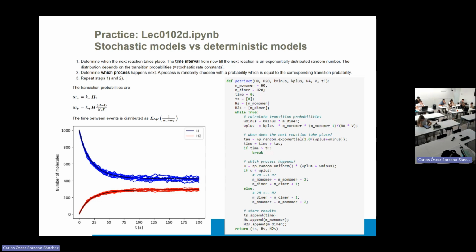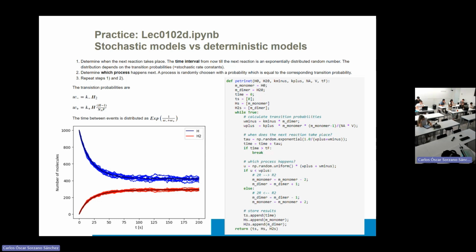And again, this probability will be a product between the two, but we have to be careful, because at the moment we have 8 atoms. So if we have 8 atoms, an atom cannot encounter itself. So it has to encounter any one of the H minus 1 remaining atoms.